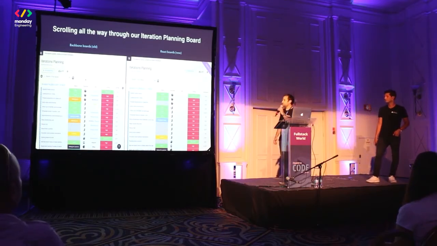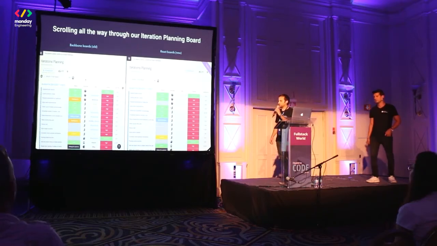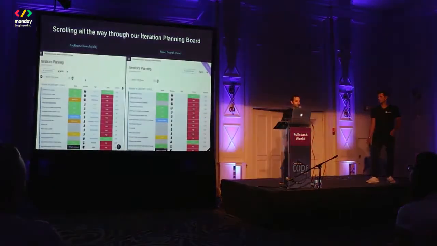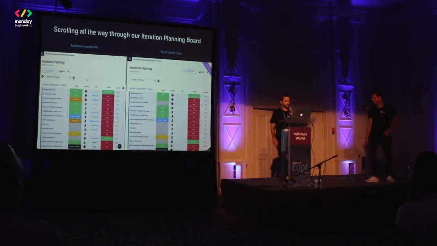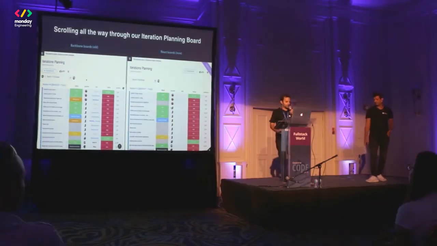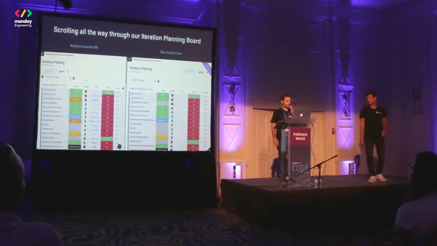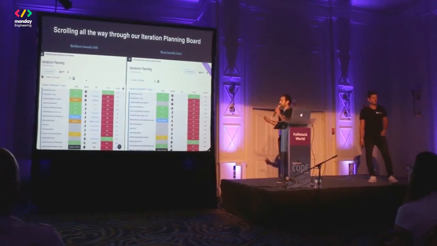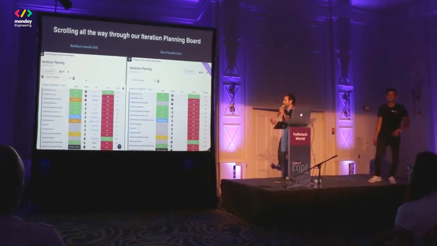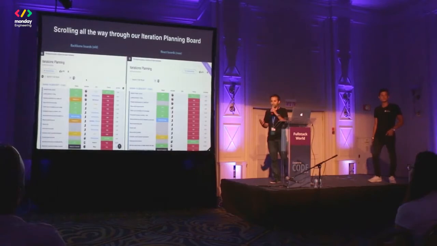What we are about to show is the difference between the two, and I hope it will explain why we are doing such an expensive transition. You are about to see us trying to scroll all the way down this board, going over lots of groups and lots of pulses, and I hope you will notice the difference.